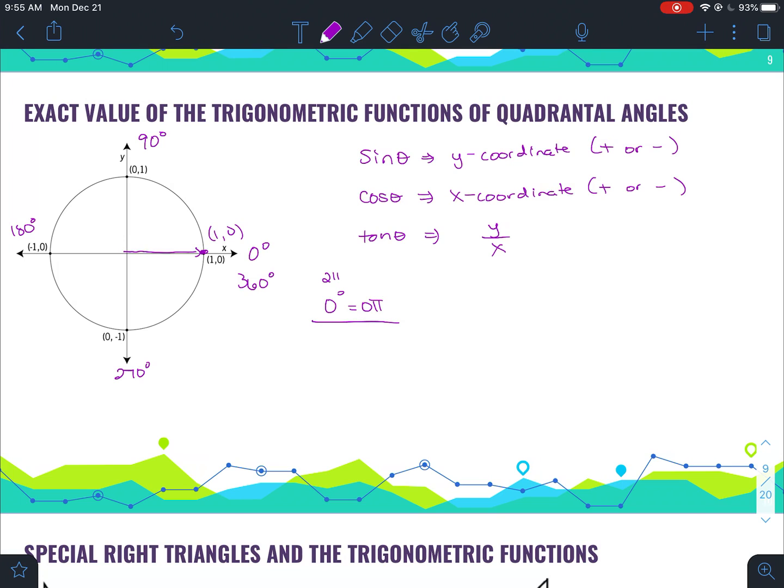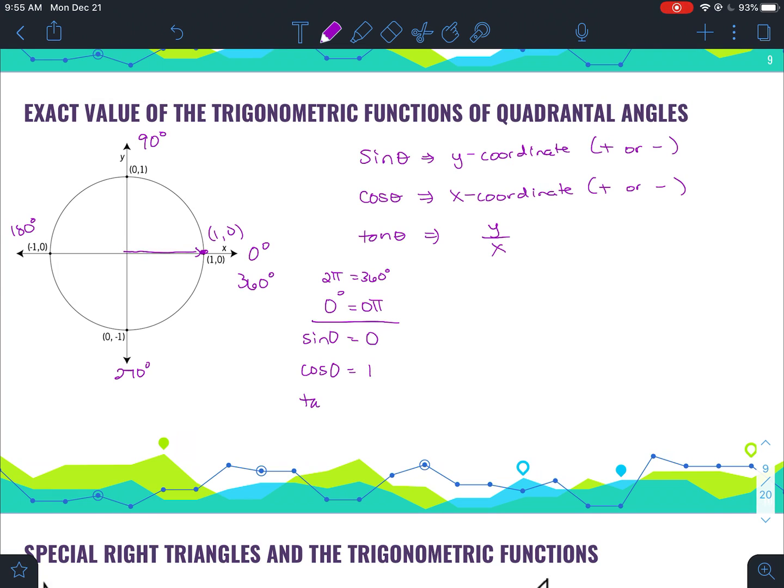So if we are at 0 degrees, we are at the point (1, 0). So if we wanted to do 0 degrees or 0 pi or 2 pi or 360 degrees, the sine is going to be the y-coordinate. Well, the y-coordinate there is 0. So the sine of 0 is 0.